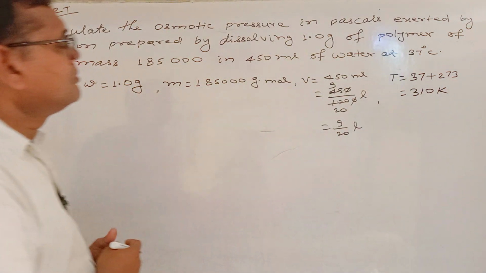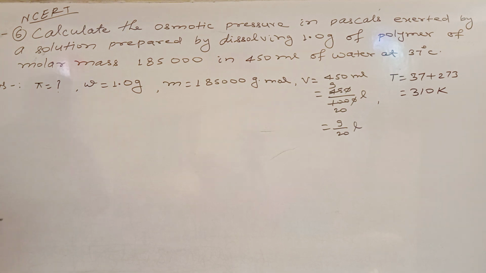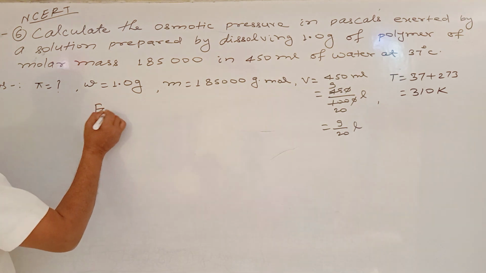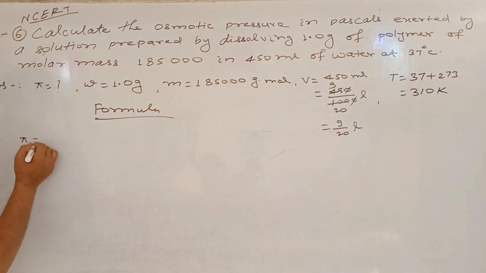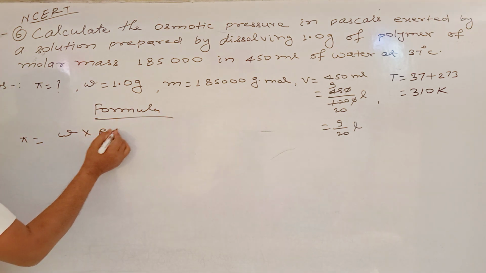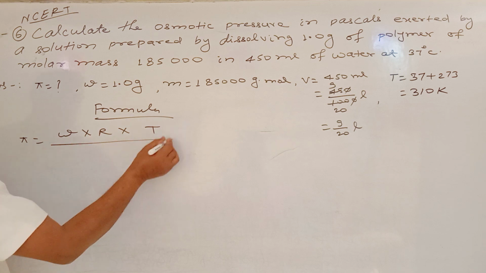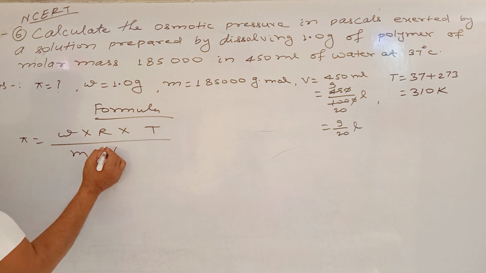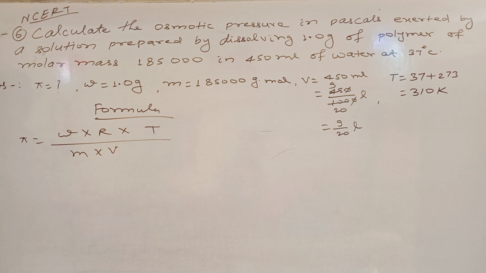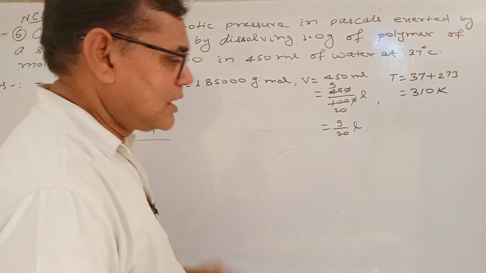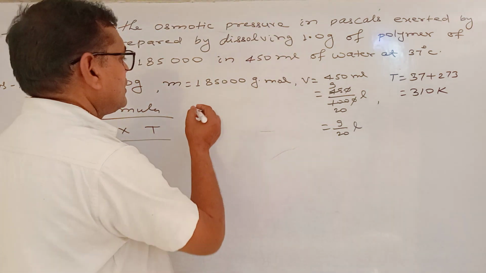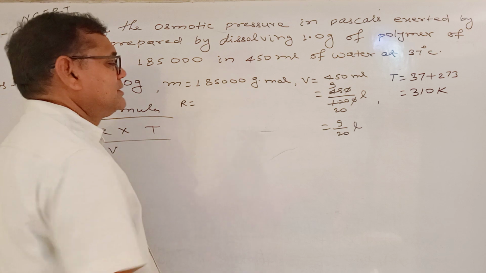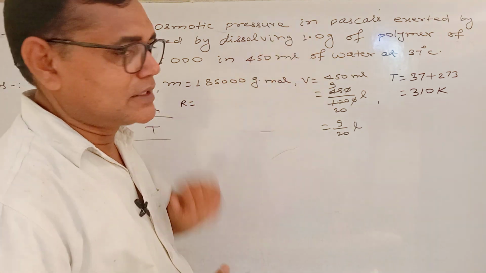Now we write the formula. Formula is pi is equal to W into R into T upon M into V. But we do not write the value of R here; we write the value of R in Pascal.